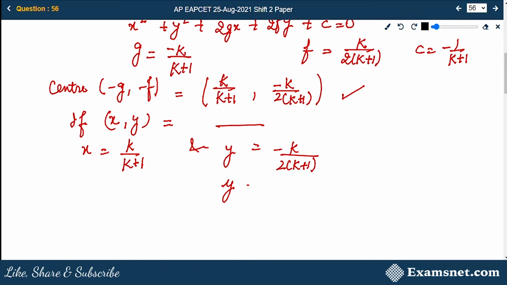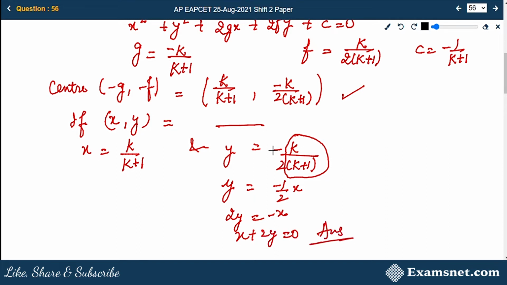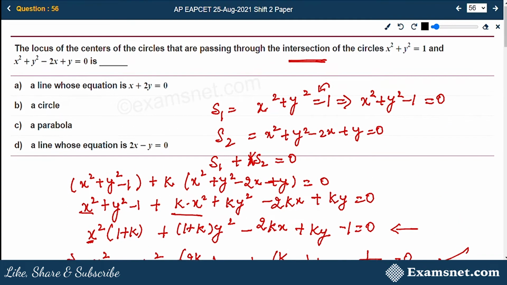What is y? y is equal to minus 1 by 2 x. This was equal to x, which gives 2y is equal to minus x, or x plus 2y is equal to 0. This is the required equation. So what is your answer? It is a line whose equation is x plus 2y is equal to 0.